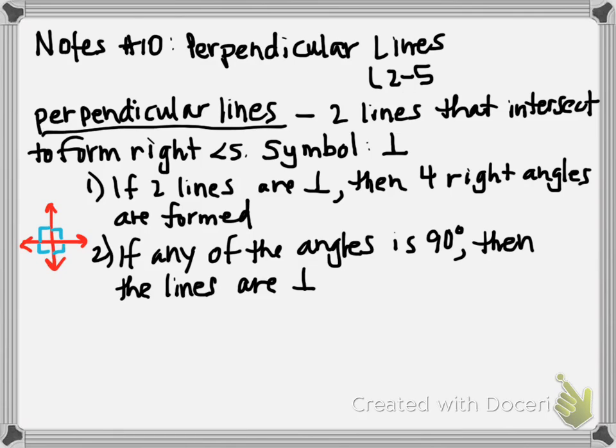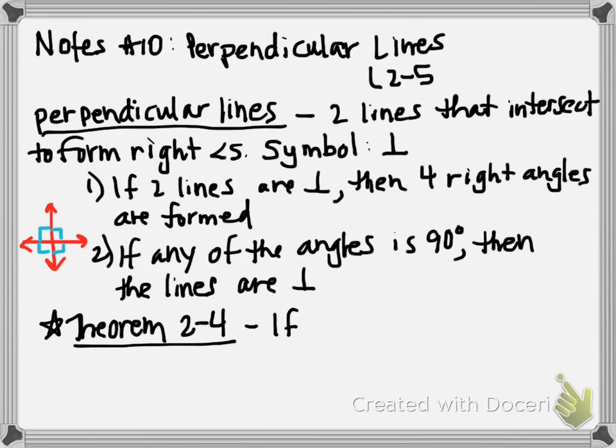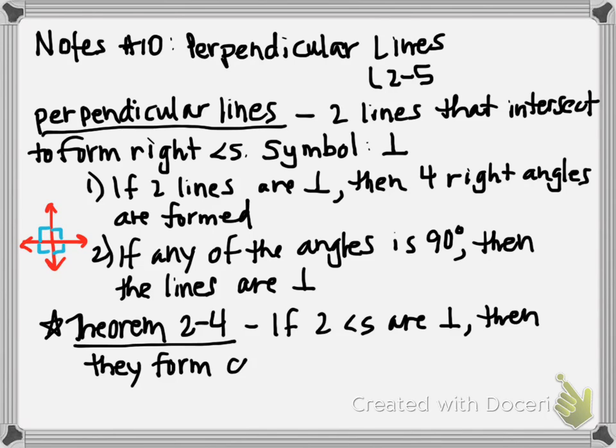Okay? All right, and then we've got some theorems to talk about. First is theorem 2-4, so the fourth theorem to show up in chapter 2. And it states, if two angles are perpendicular, then they form congruent adjacent angles.